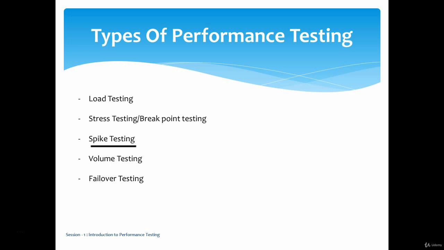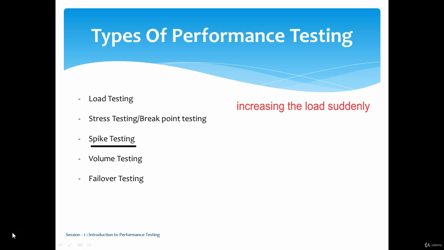Now let's look at spike testing. Spike testing is nothing but we normally start the application with a small load and we suddenly increase the load to either double or triple. Let's say we are testing an application with 1000 users. All of a sudden, if we increase the load from 1000 to 3000, it means there is a sudden burden on the application.